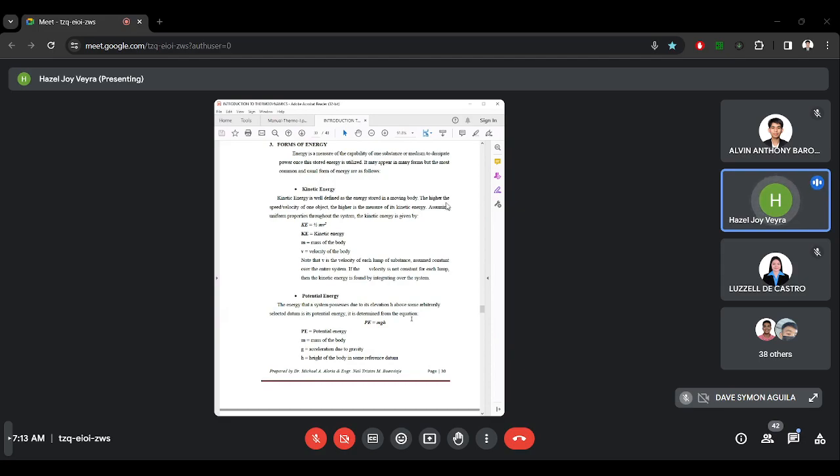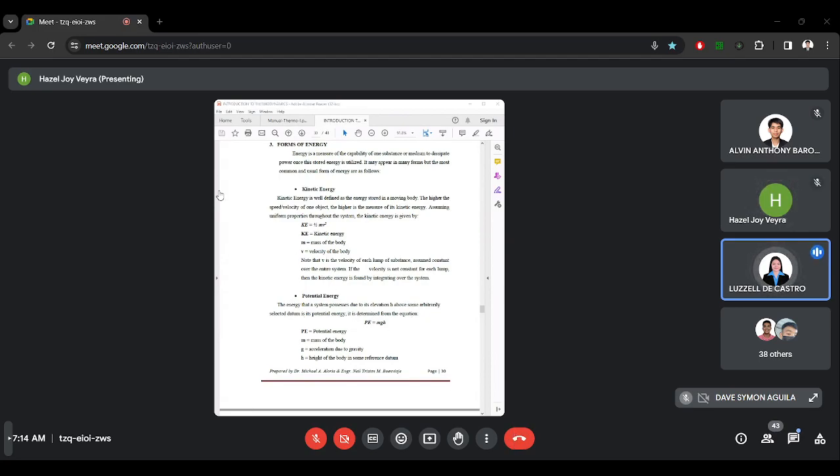Miss Lizelle, please read kinetic energy. Kinetic energy is well defined as the energy stored in a moving body. The higher the speed or velocity of one object, the higher is the measure of its kinetic energy. Assuming uniform properties throughout the system, the kinetic energy is given by KE equals 1/2 mv squared.